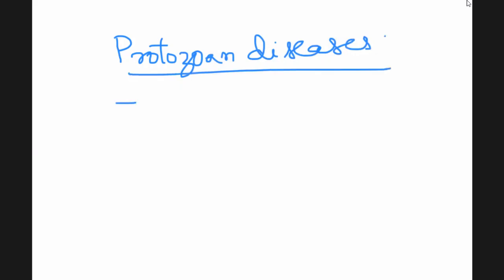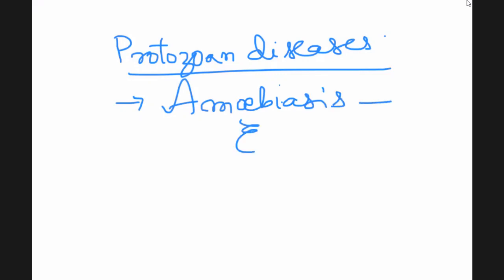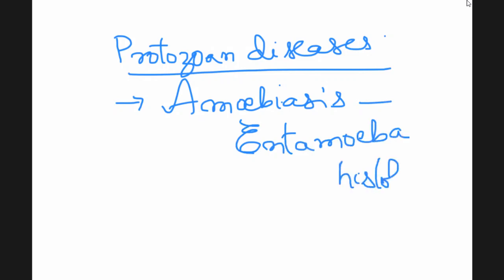we proceed to protozoan diseases. In NCERT, only 2 diseases are described. One is amoebiasis, caused by Entamoeba histolytica. It's a protozoan disease.